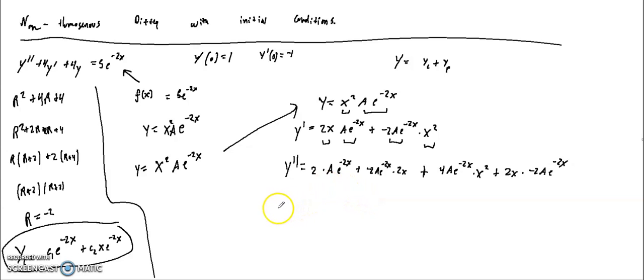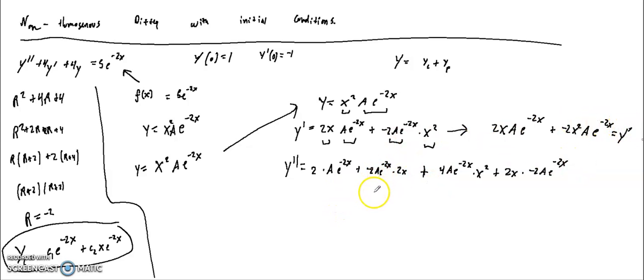And we'll simplify this out, and we'll simplify this too, so 2xa e to the negative 2x plus negative 2x squared a e to the negative 2x. That equals y prime.